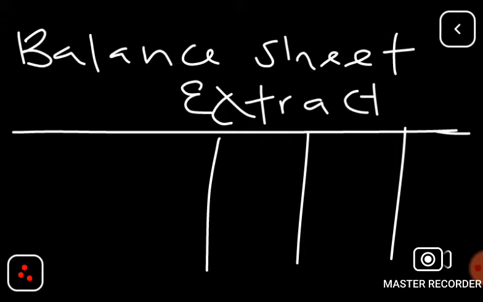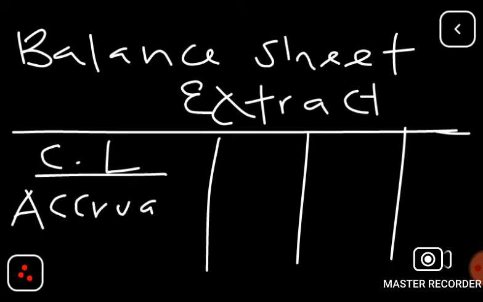Since an accrual is a liability, you take it under current liabilities, then you add accruals here. What was your accruals? 20 kwacha. Then you've accounted for an accrual.